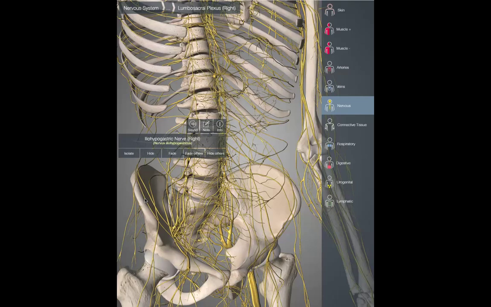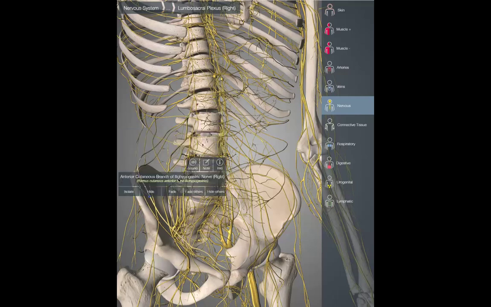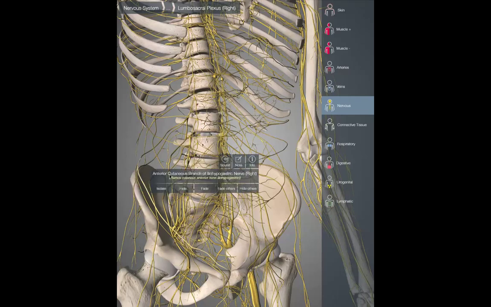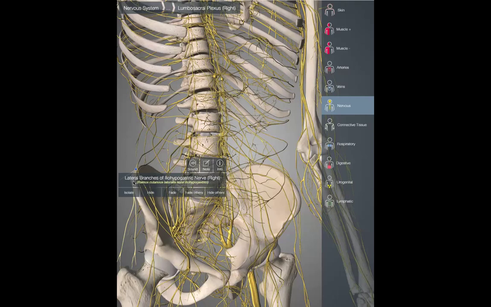So the iliohypogastric divides into anterior cutaneous and lateral branch of the iliohypogastric nerve. These are the two branches. It arises from L1, and the motor function is that it innervates the internal oblique and transverse abdominis.